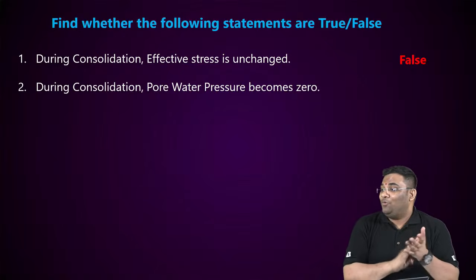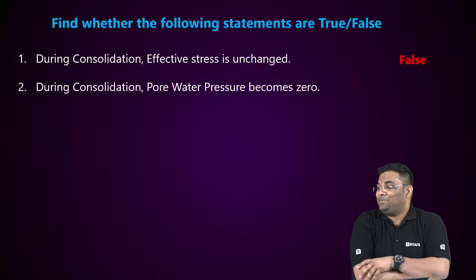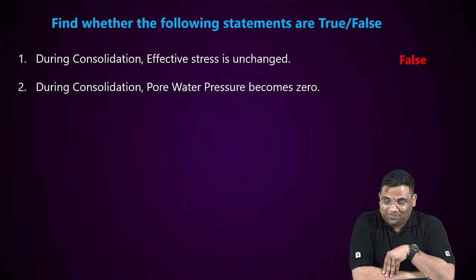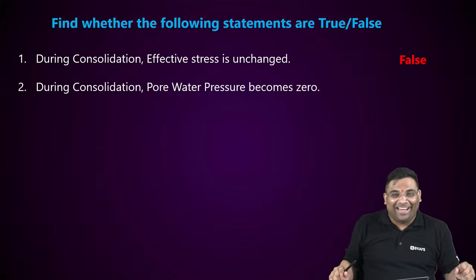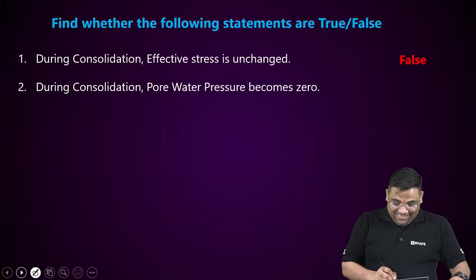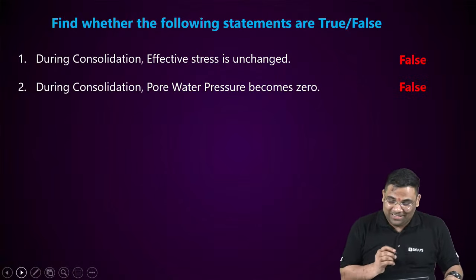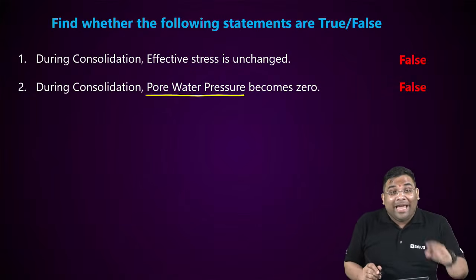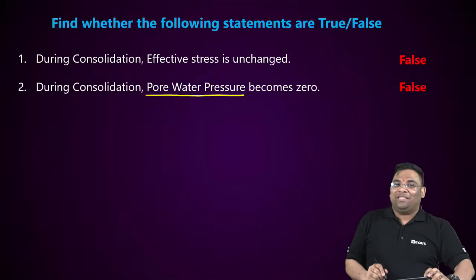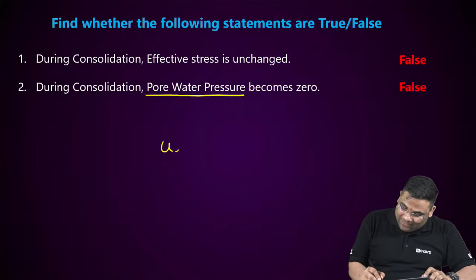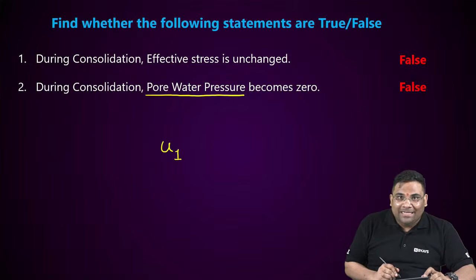True or false? Okay, many students are getting mixed answers. The answer is false. Pore water pressure doesn't become zero. Excess pore water pressure becomes zero. You see, initially there was some pore water pressure, right?